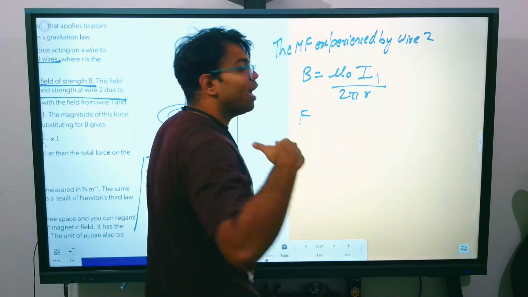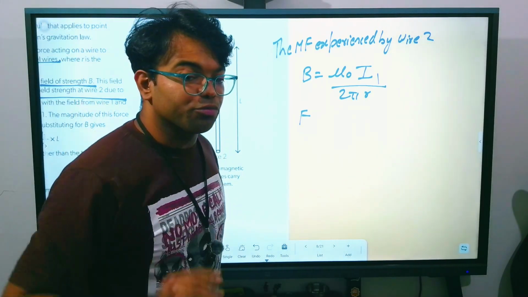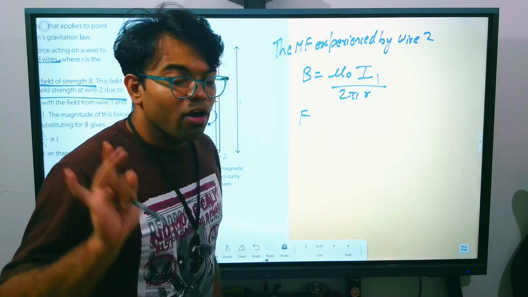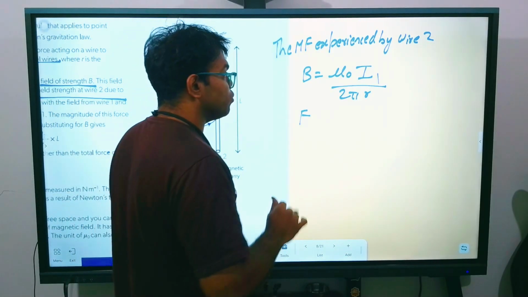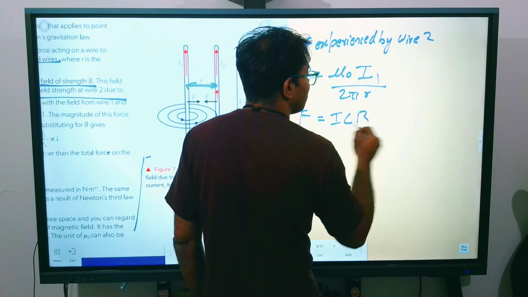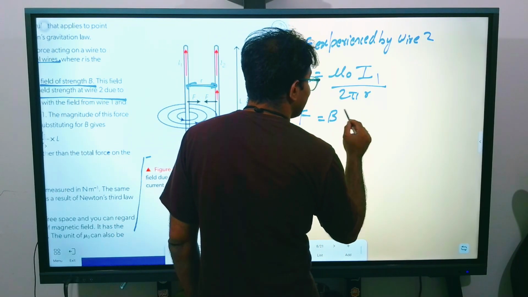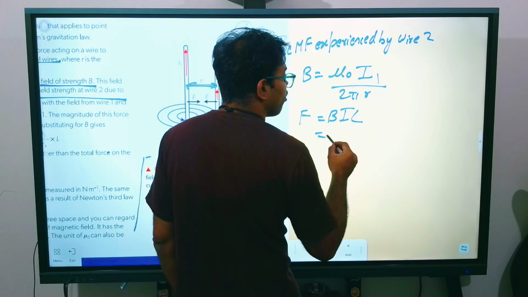Now the force exerted on wire 2, which has a current of I2. So basically force is what? I L B, or simply BIL. So B is how much?